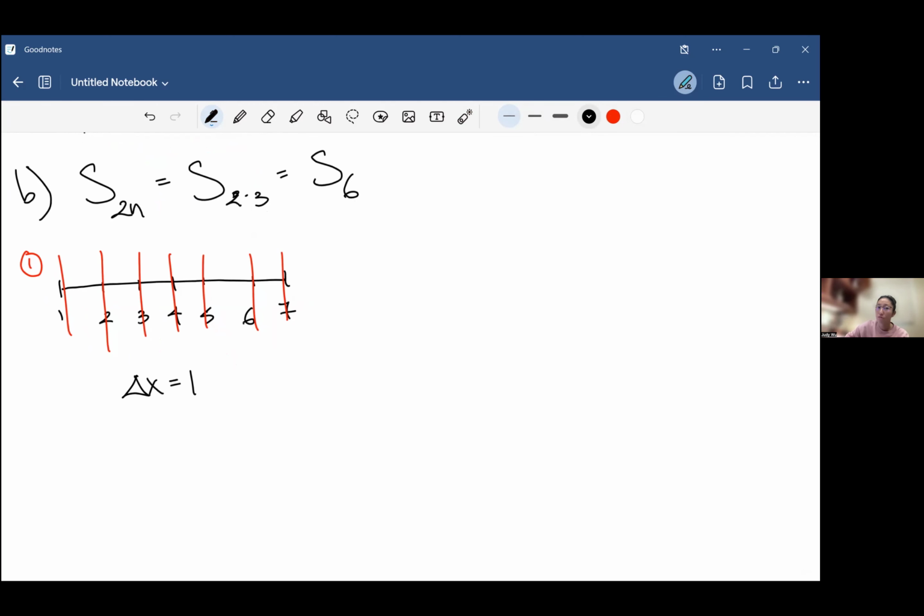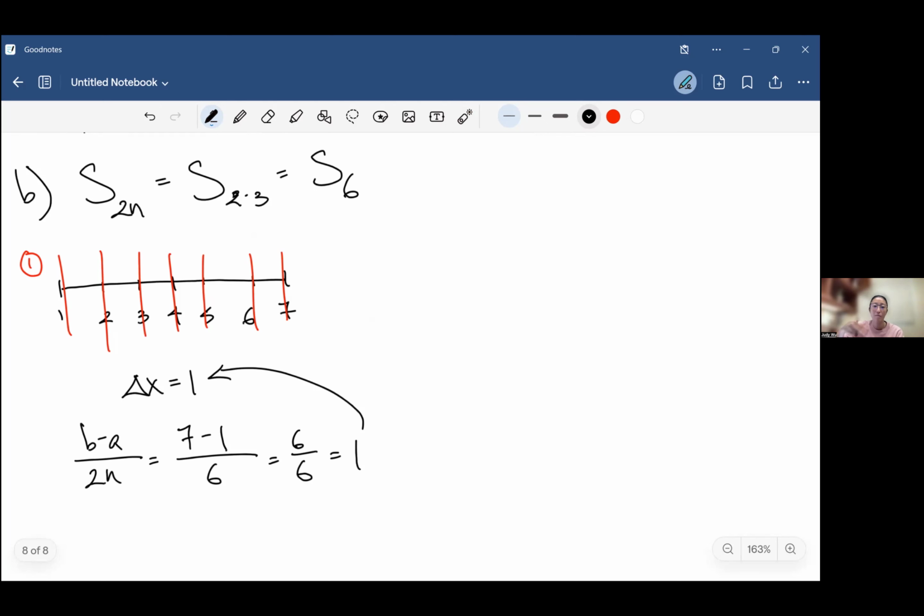But again, we can use that same formula we used last time to help if we don't like cutting it up on a number line. We can say b minus a over 2n, right? So b minus a over 2n gives us 7 minus 1 over 6. We get 6 over 6, which equals 1, which is the same thing we got using our number line, okay? So choose a method that works for you. Doesn't really matter which one, but it just matters that it works for you.